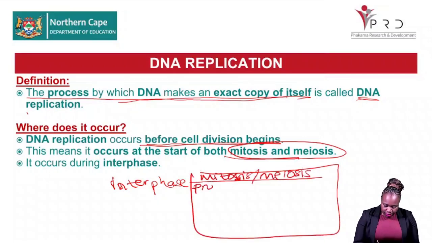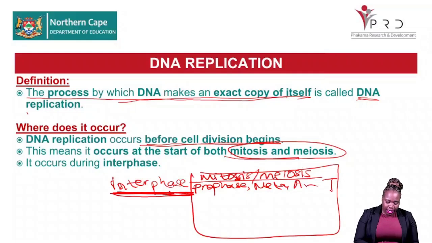We have prophase, metaphase, anaphase, and telophase. Now, this interphase is where DNA replication takes place. That's what we mean when we say DNA replication takes place just before cell division.